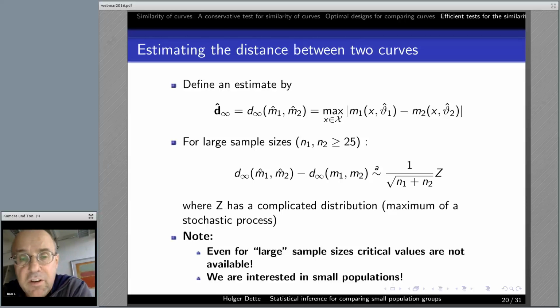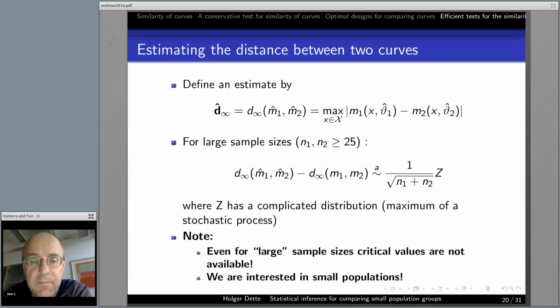Okay, the question now is how to get the critical values. Usually what people do is use asymptotic theory to get critical values. This works also in this case. If the sample sizes are larger or equal to 25, you can get critical values by an approximation of the distribution. I wrote this here as 1 over the standard deviation times some complicated distribution, which I denote by Z, and Z is the maximum of a stochastic process.